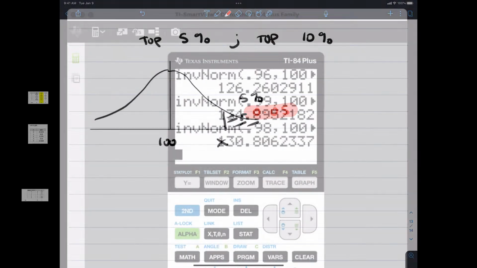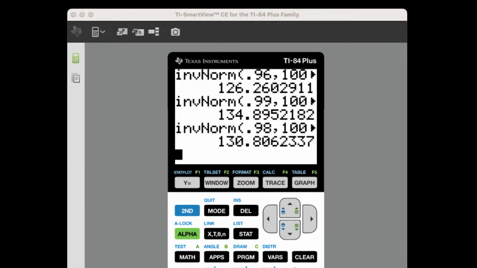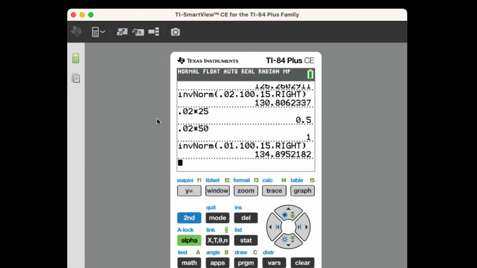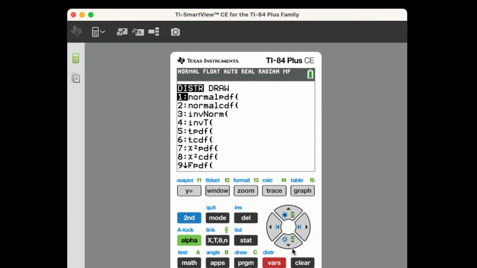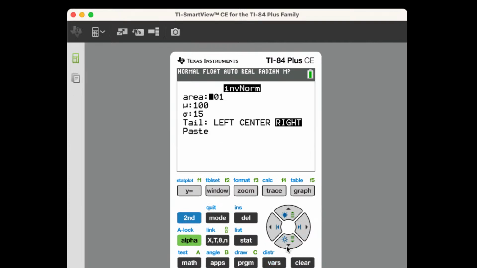What do you do? Should we do the default or the fancy dancy calculator? Let's do fancy dancy. Okay. Second distribution, inverse norm is number 3. Is that right? So what do I use again? 5%.